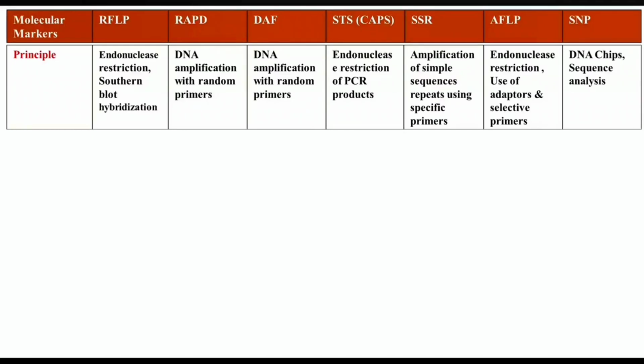This is very important for you to note, because in SSR we need to know the sequence to design the primers. Then comes AFLP, that is endonuclease restriction, then use of adapters and selective primers. In the SNP case, we use DNA chips, and then sequence analysis.